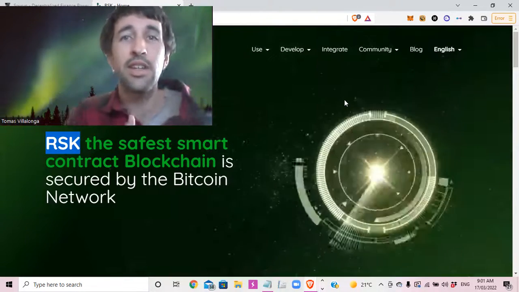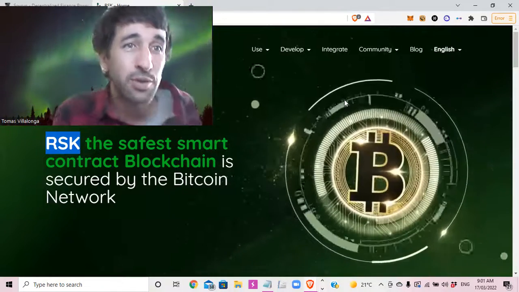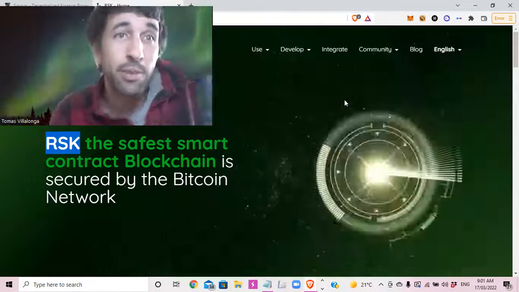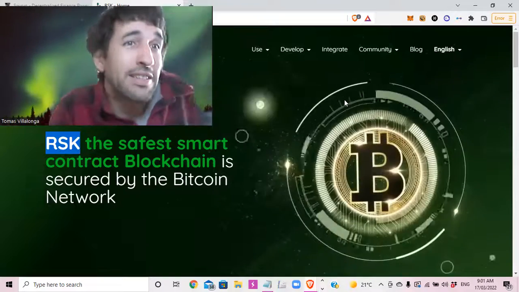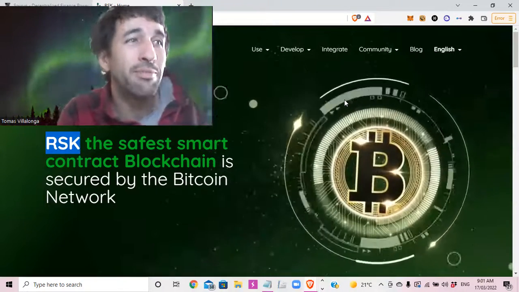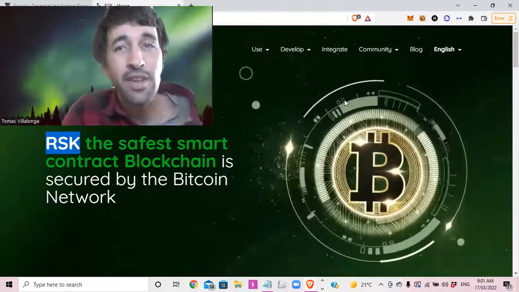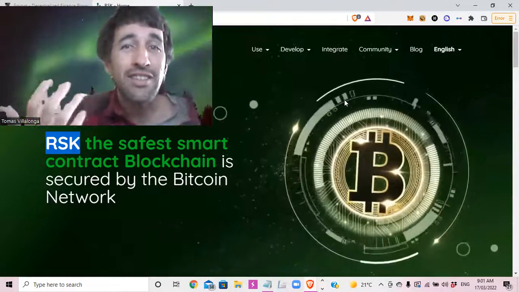It takes almost no more energy than you're already spending, and it gives you more income. So it's understandable that most of the Bitcoin miners will try and merge mine. So that is the RSK blockchain.